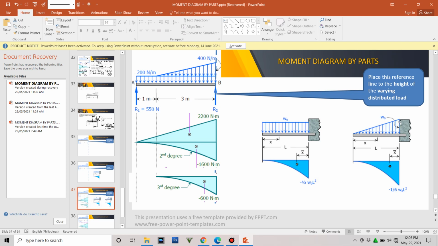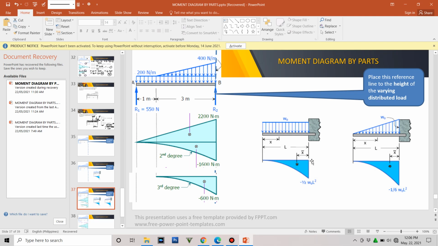Kailangan nakadikit yung pinakamataas na value or yung ulo ng spandrel or triangle dun sa mismong reference line nyo. And that is the formula all about. Para may apply natin na yung ordinate niyan is 1/6 W L squared.